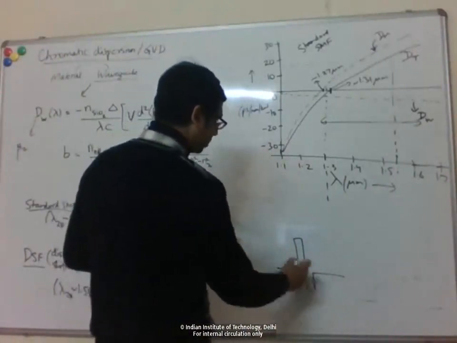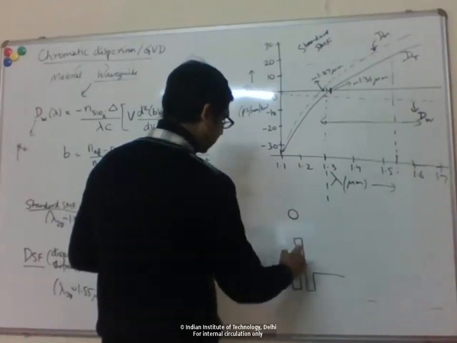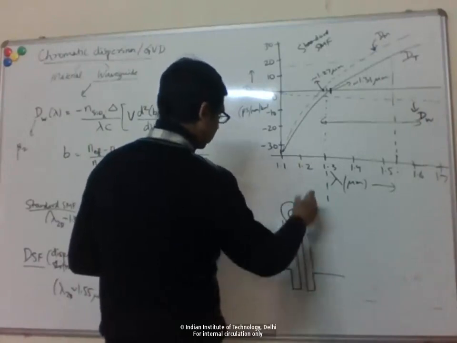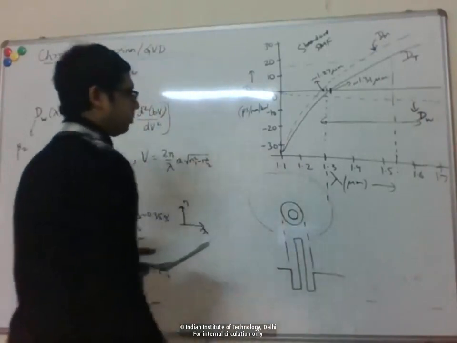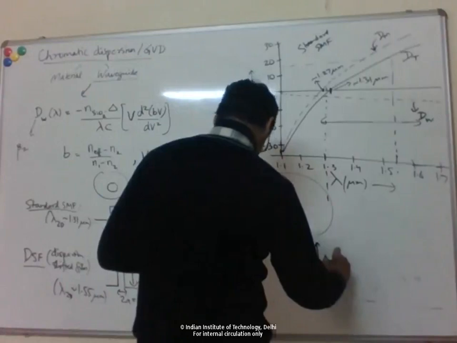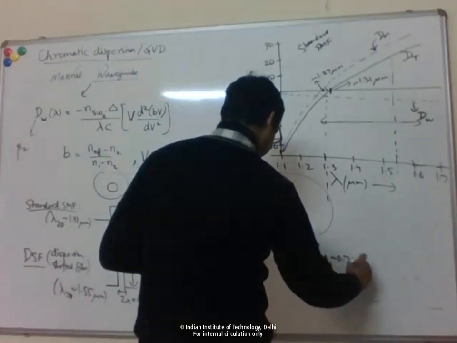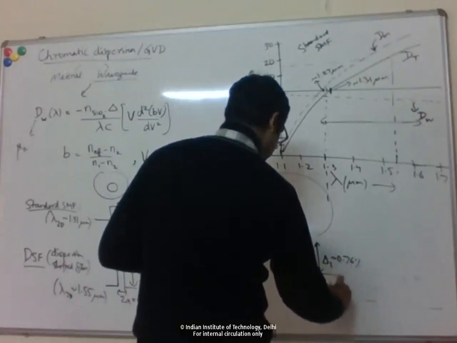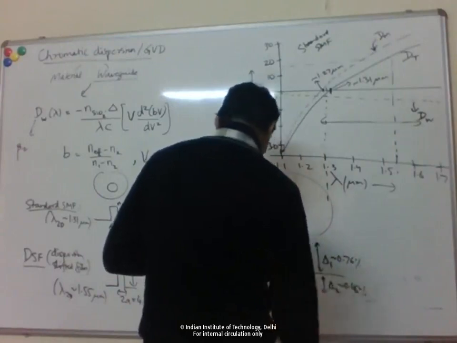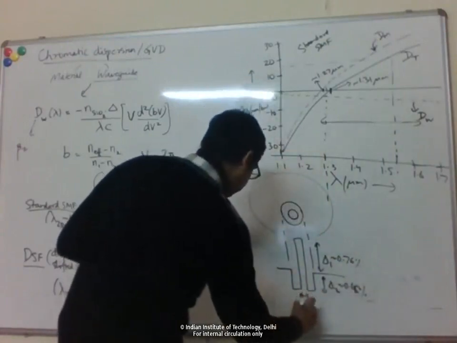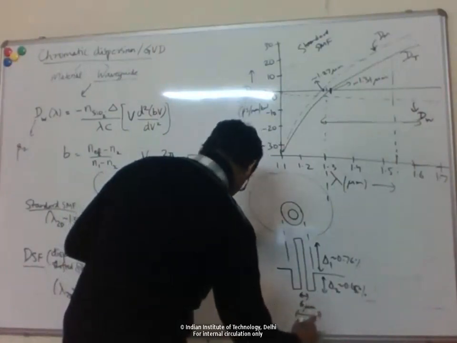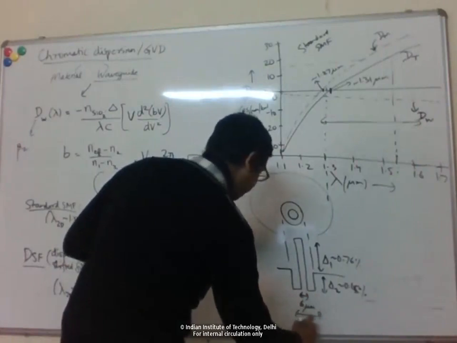There's a ring of low index and then your clad. The index difference is about 0.75% here and about 0.45%. The inner core here is about 6 micron diameter, and the outer core is about 9.5 micron.